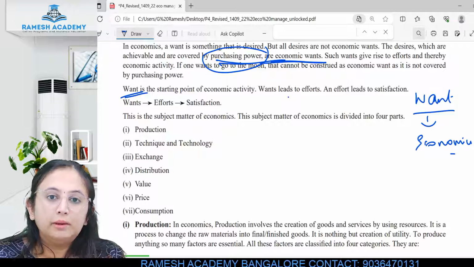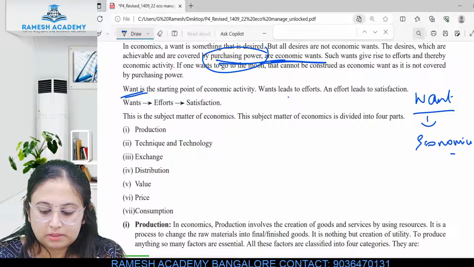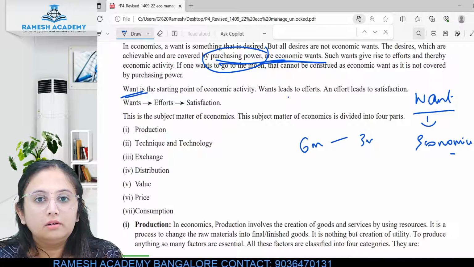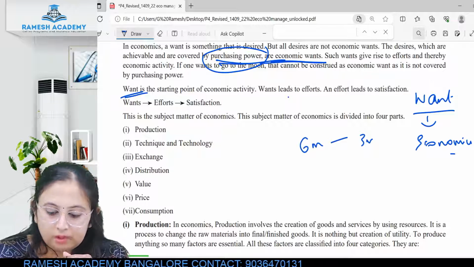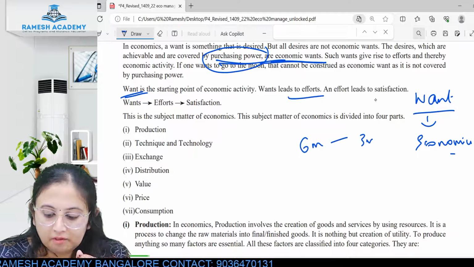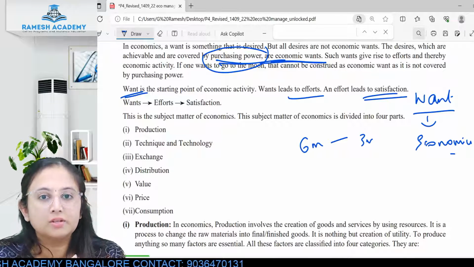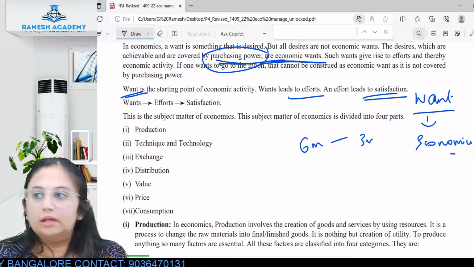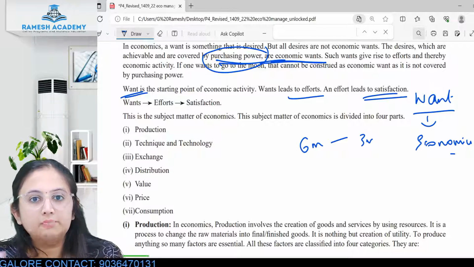When I start earning more, maybe something I was supposed to achieve in 6 months, I will do in 3 months only. So from the want we start putting in efforts, and from the efforts we get satisfaction. When I put in more efforts, I get more money. When I get money, I go and buy whatever I want, and I am satisfied.